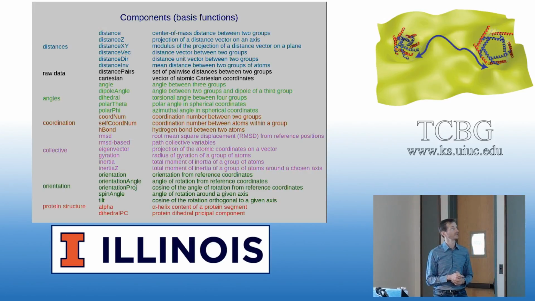You would take this as input and write your own function of these. If you don't find what you're interested in the list, just take these coordinates. Maybe it depends on absolute coordinates, so you want to use the Cartesian component. Maybe it's based on pairwise distances, so you can use the distance pairs component, and that's a good start to build your own coordinate.